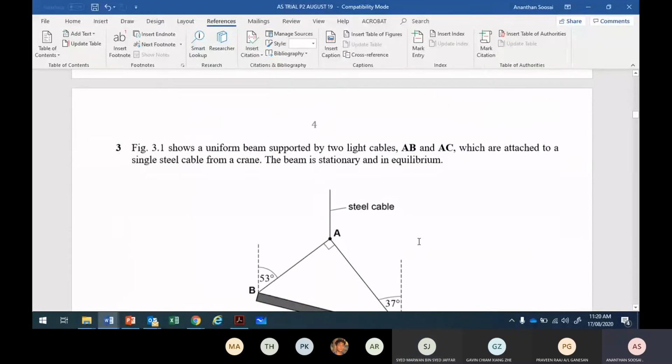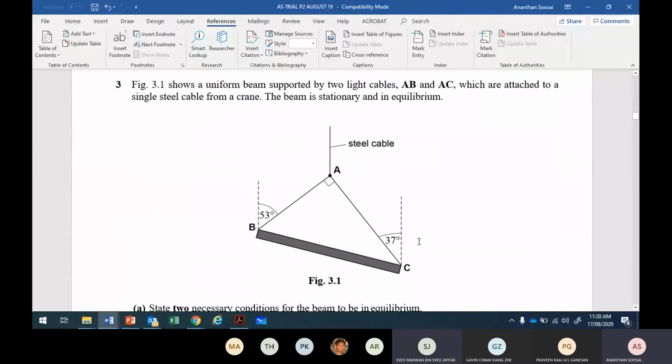So 3C, it's moments. There are steel cables AB and AC, which are attached to a single steel cable from a crane.